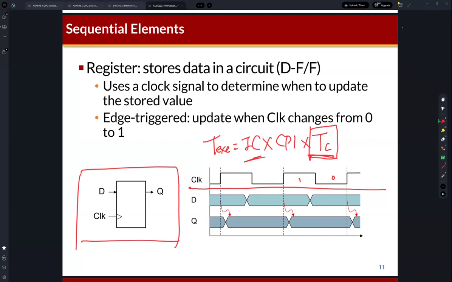The D flip-flop has one D input, which means the data, and one output, Q, the data output. But you can also find the clock signal input.